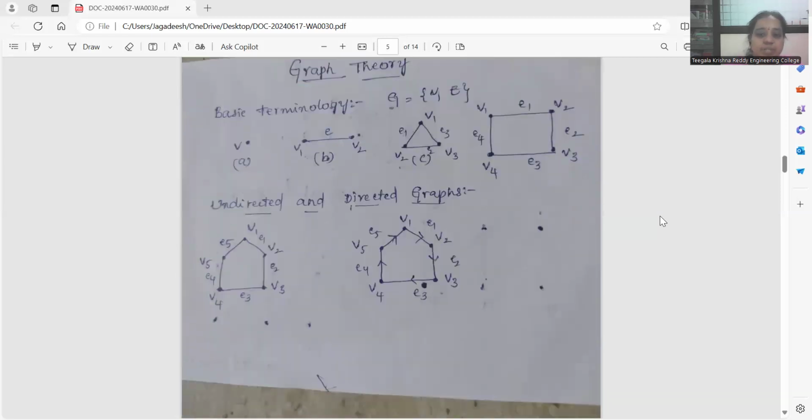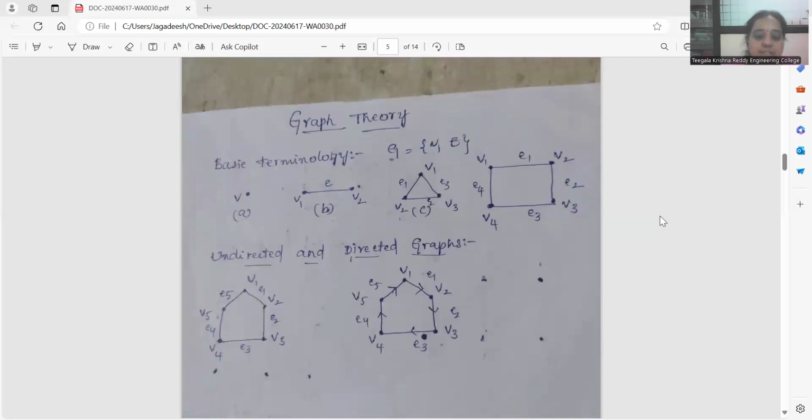And coming to the concept of graph theory. So in graph theory, the basic terminology is we have vertices and edges. So a graph is denoted by G, where basically G contains vertices and edges. Now here in figure A, we have the graph which contains only one vertex with the degree 0.